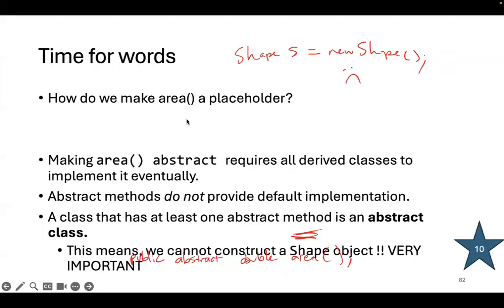I just want to make it a placeholder for all the other kinds of shapes that I'm going to make. When we make an abstract class, we can have abstract methods, which are placeholder methods. We're never going to make an area function, we're not going to define it in shape. We're going to leave it to the subclasses to implement for us.